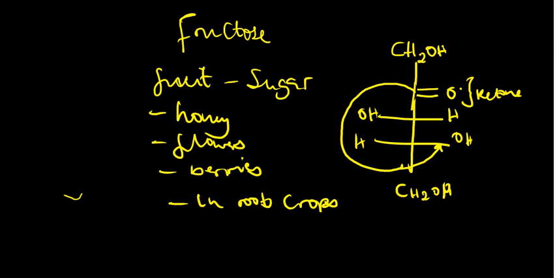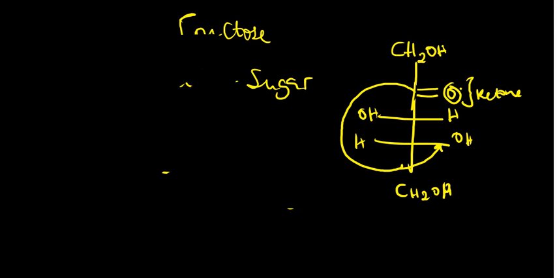When carbon number 2 combines with the OH group, so when this oxygen combines with the OH group on carbon number 5, it forms a 5-membered furanose ring. Let me just erase this part so that we're able to see what exactly is happening. So we have this branching out to form a 5-membered furanose ring.